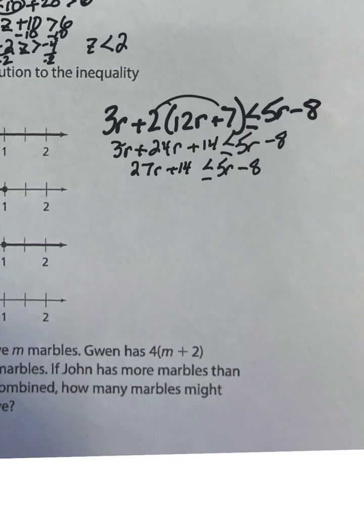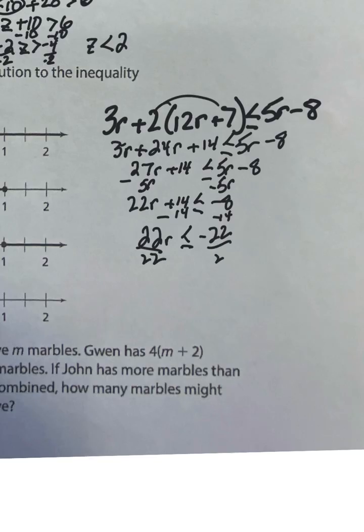I'm going to get rid of the 5r's over there, and I'll subtract 5r from here. I get 22r plus 14 is going to be less than or equal to negative 8. Get rid of this 14, subtract it. I get 22r is going to be less than or equal to negative 22.